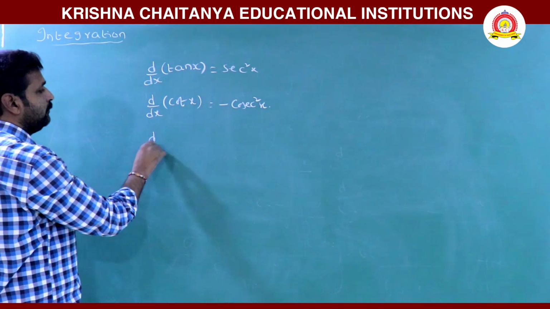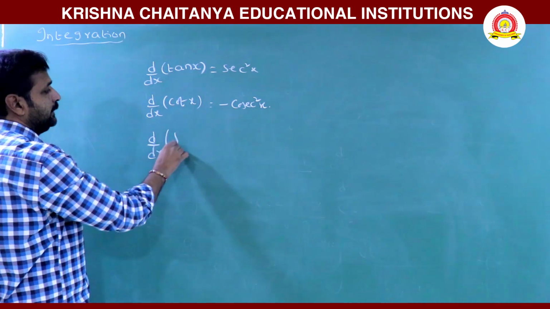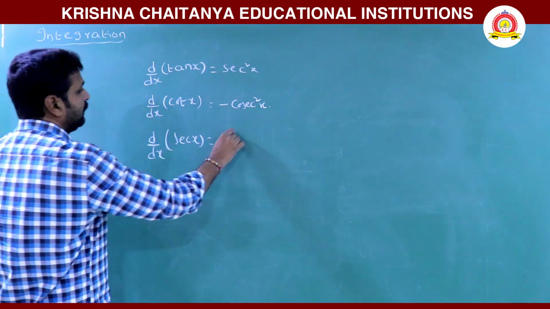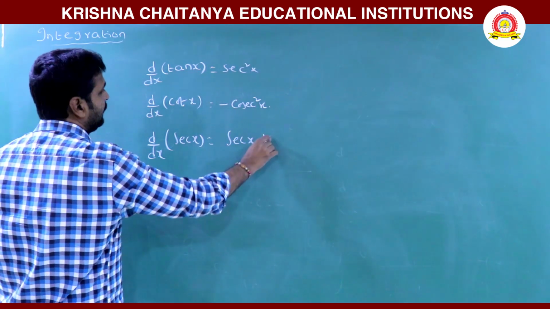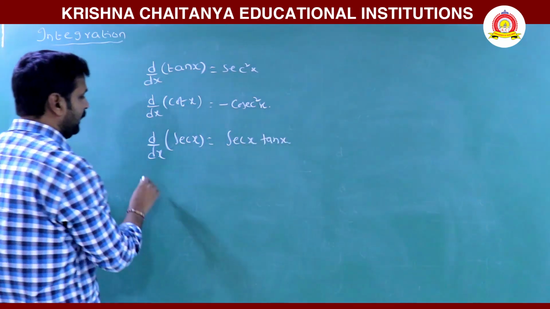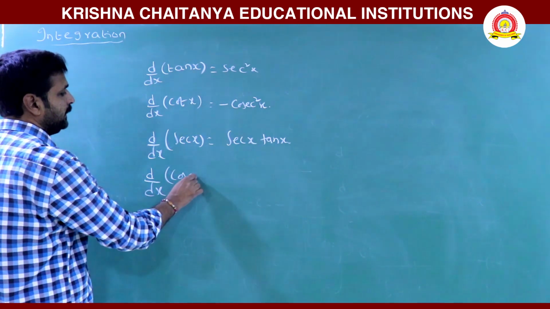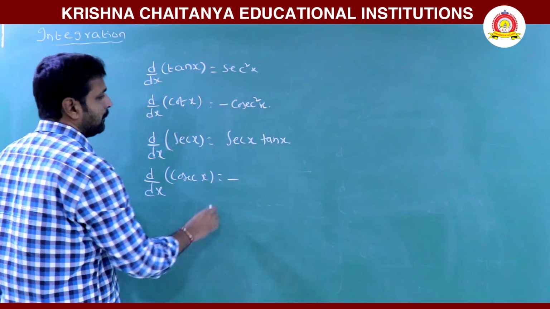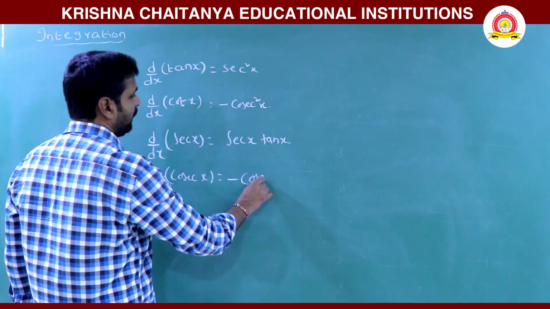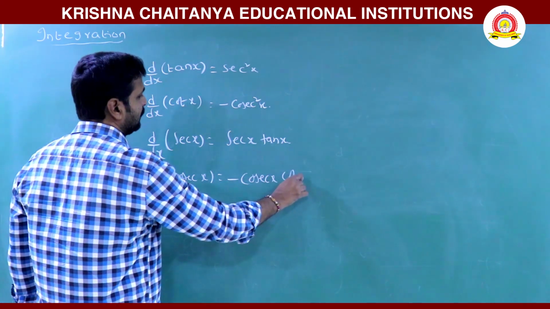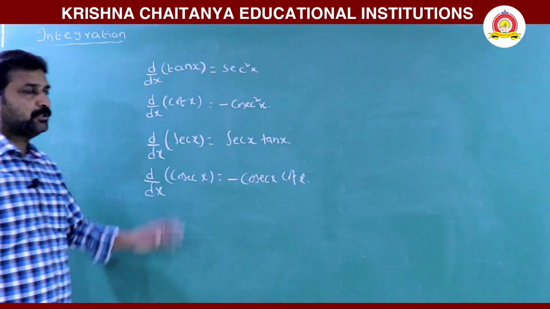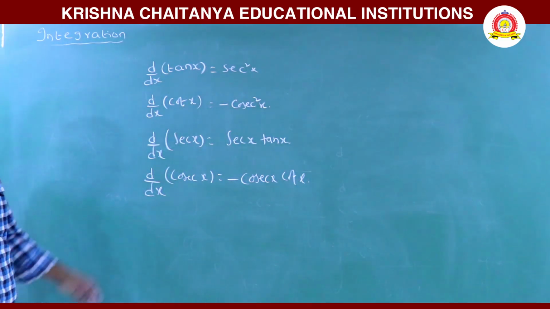D by dx of secant x is secant x tan x, and d by dx of cosecant x is minus cosecant x cot x. So these are the formulae.